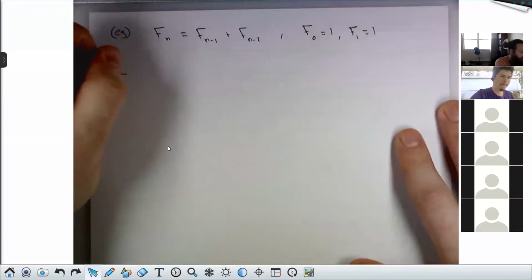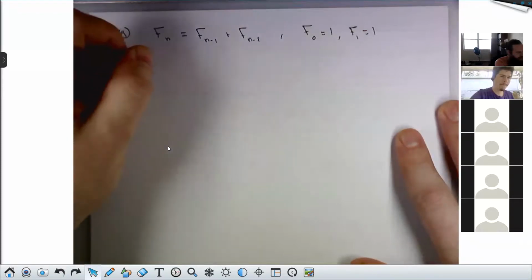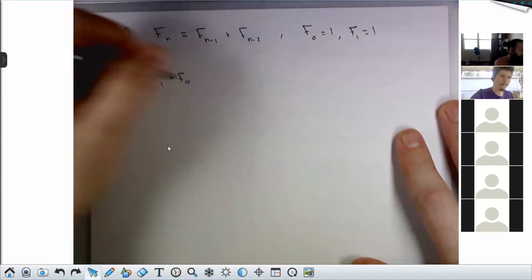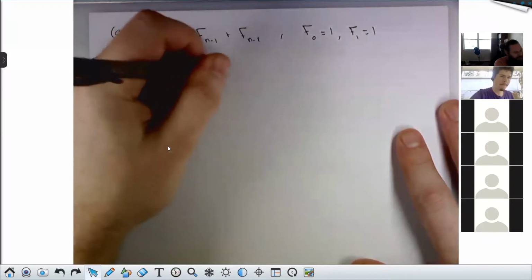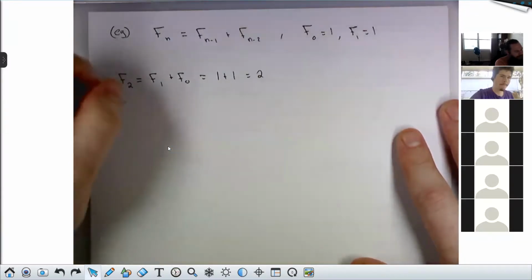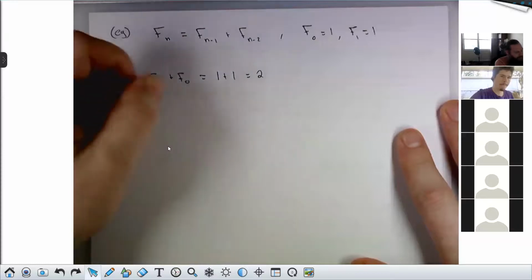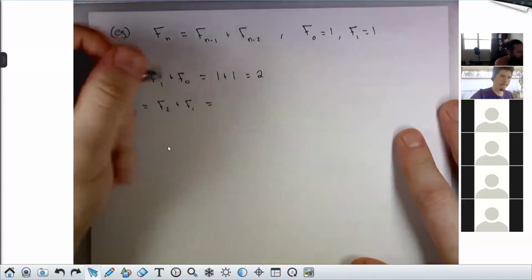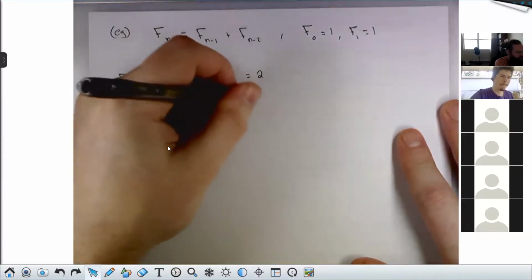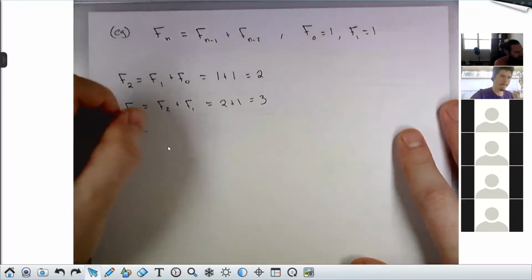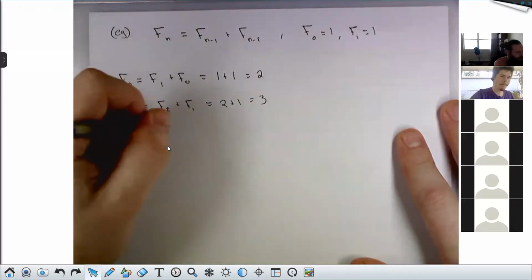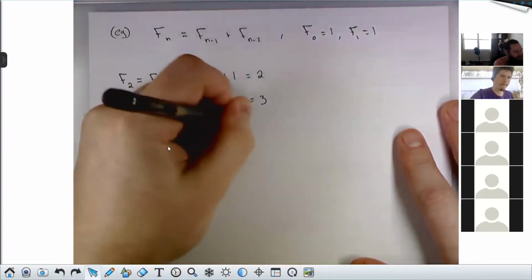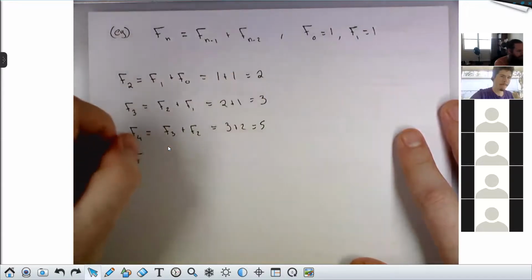So if I wanted F_2, the second Fibonacci would be the first Fibonacci plus the 0th Fibonacci, which is 1 plus 1, which is 2. F_3 would be F_2 plus F_1, which is 2 plus 1, which is 3. F_4, the fourth Fibonacci number, would be the third plus the second, which is 3 plus 2, which is 5, and it keeps going like this.